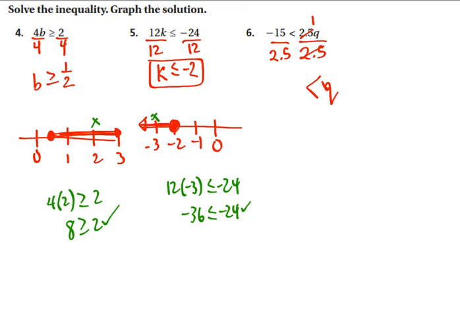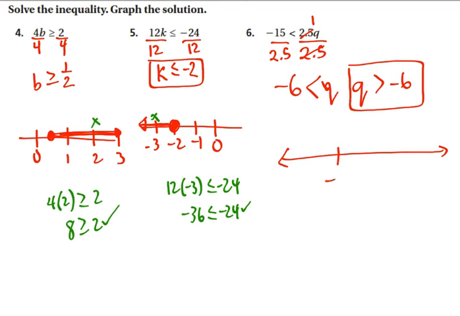And it is negative 6. I'm going to rewrite it so the q is first. And then at negative 6, let's go ahead and label by 3s. It is an open boundary, and q is greater, so the arrow is going to go in this direction.